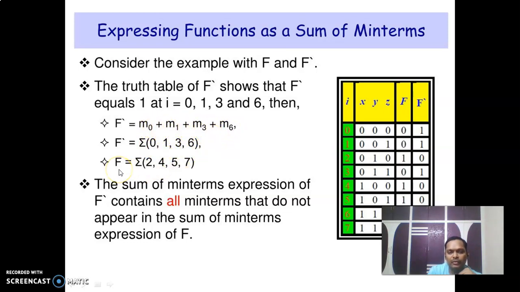And capital F is nothing but the complement of this F bar. The min terms that are not in sigma 0, 1, 3, 6, other than these 4, are put in complement form, that is 2, 4, 5, 7. So the sum of min terms expression of F bar contains all the min terms that do not appear in the sum of min terms expression of F.